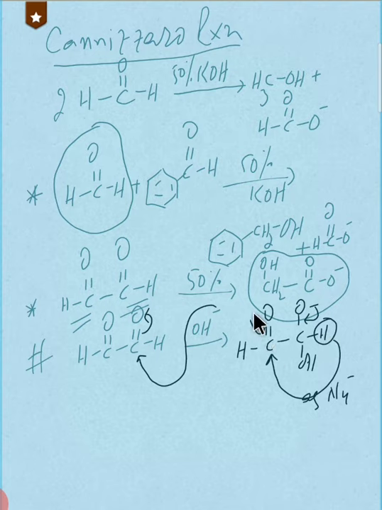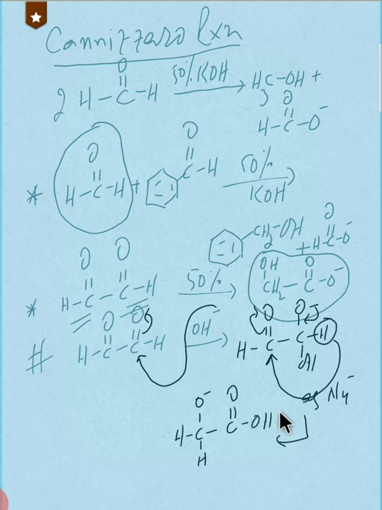So this will go like this. This will be O minus, and here hydrogen will be there, and this will be converted like this. This hydrogen goes here, and to this carbon atom OH is attached, right?